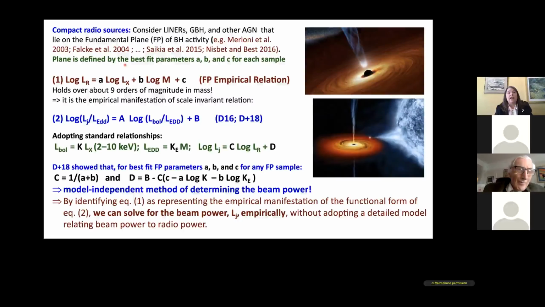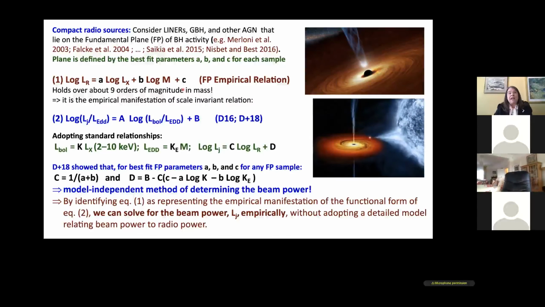So this is a relationship between the radio luminosity of the compact radio source, the X-ray luminosity of the accretion disk, and the black hole mass. And the really interesting result is that this relationship holds over an enormous range of mass, about 9 orders of magnitude when you include the range of mass for AGN plus going down to 10 solar masses for galactic black holes, stellar mass black holes.